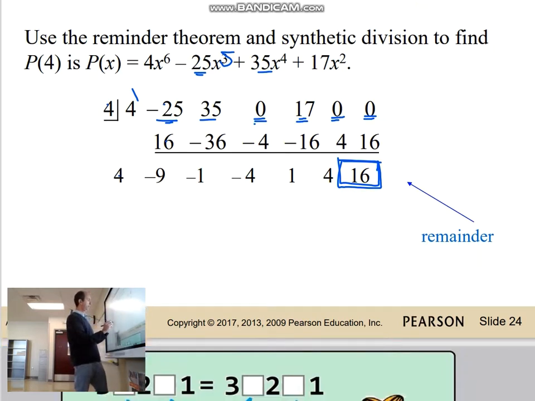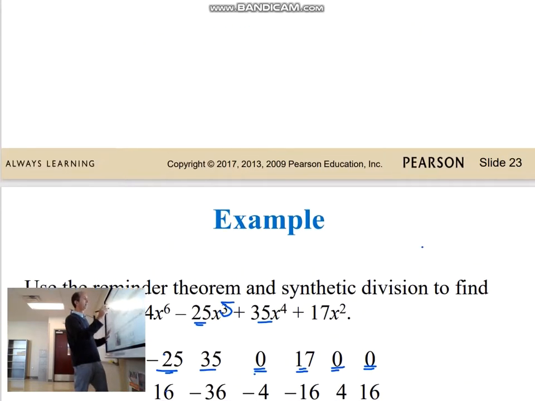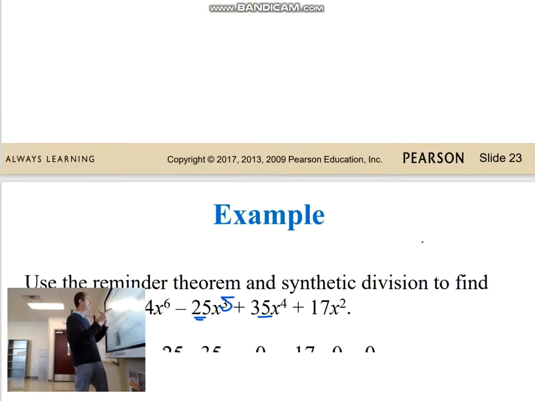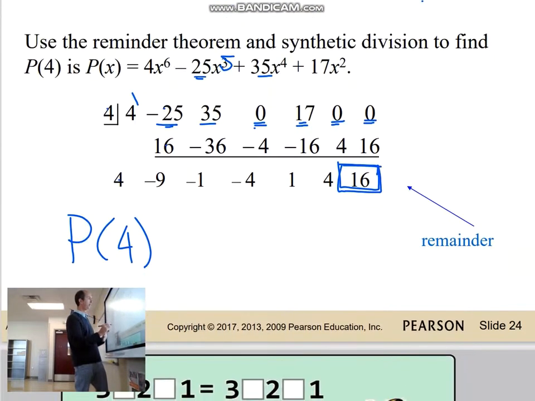And let's make sure we have the right remainder, or if the remainder theorem is working. So let's calculate P of 4. It needs to be equal to 16. Let's check.